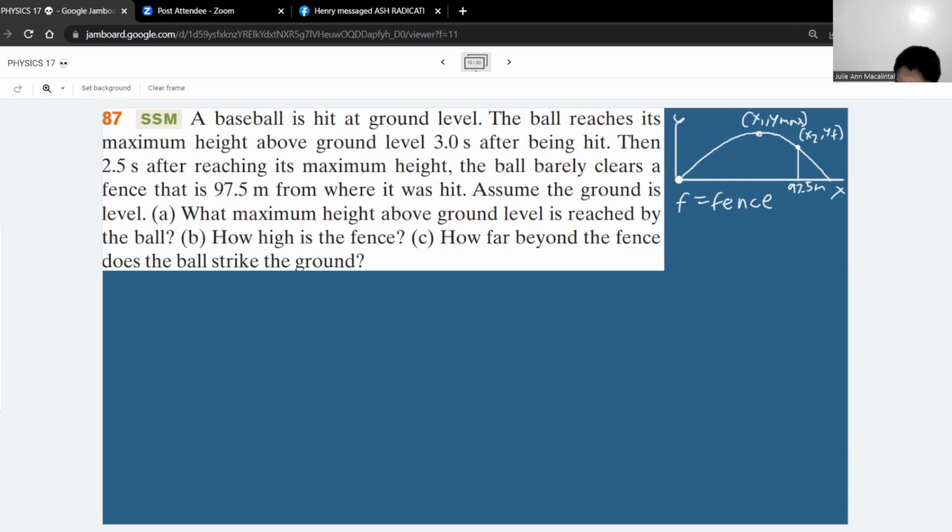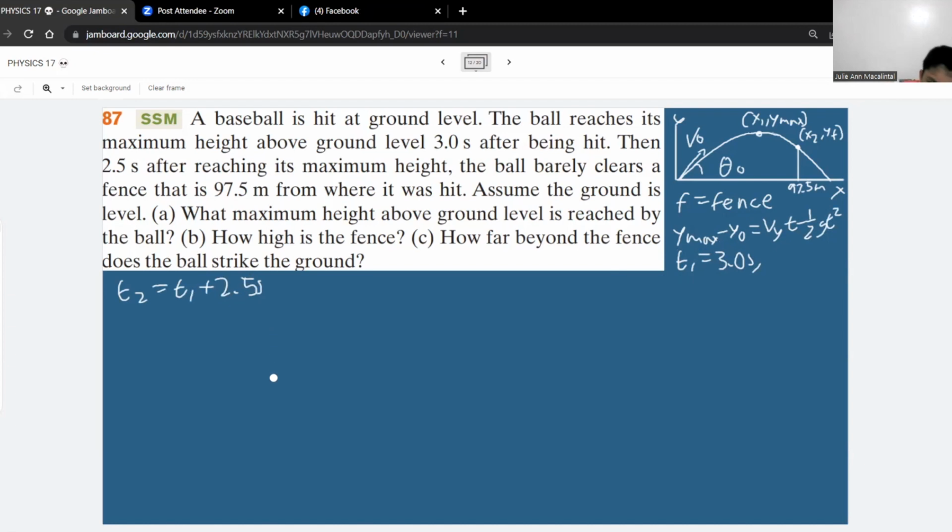Tapos, alam natin na when x equals yung maximum height, no? 0 is equal to gt. And then, what else do we know?